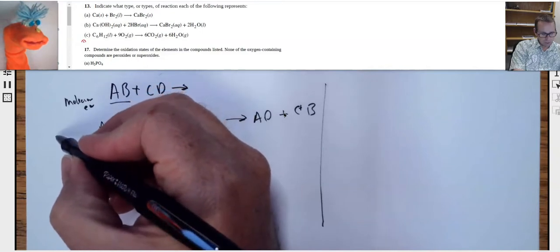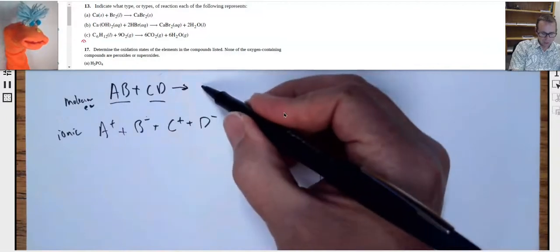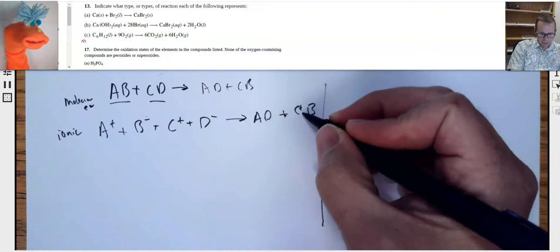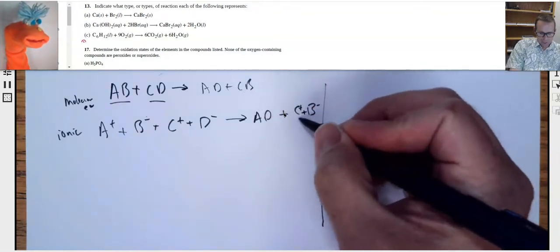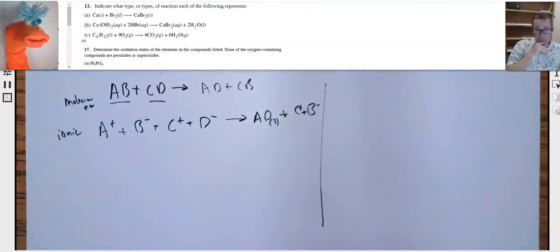And this one is the ionic equation. In the ionic equation here, this is AD plus CB. Two of these are generally going to be ionized, and one is going to be a solid. It forms a precipitate, or maybe it's a liquid like water. So that's one type of reaction. It follows that pattern.